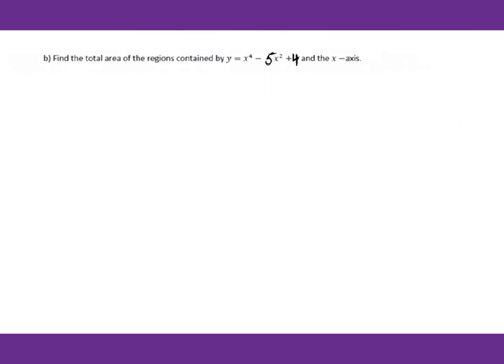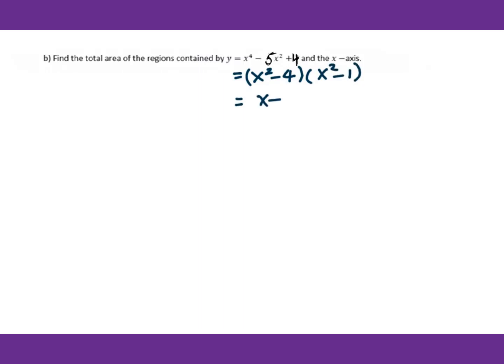Let's go to B. Find the total area of regions contained by y equals x to the fourth power minus 5x squared plus 4 and the x axis. Since we cannot use a graphing calculator, you have to factor this polynomial, that is x squared minus 4, then x squared minus 1.